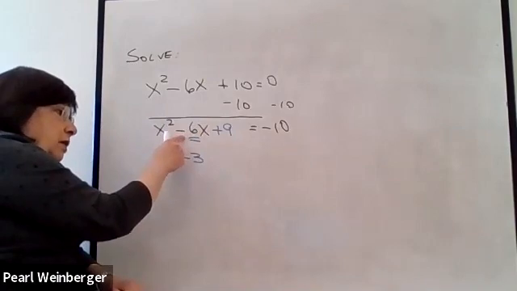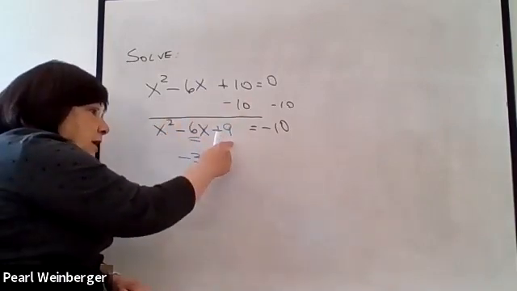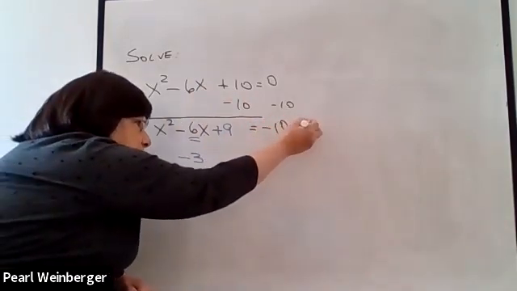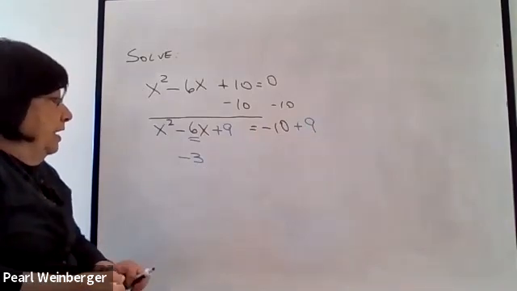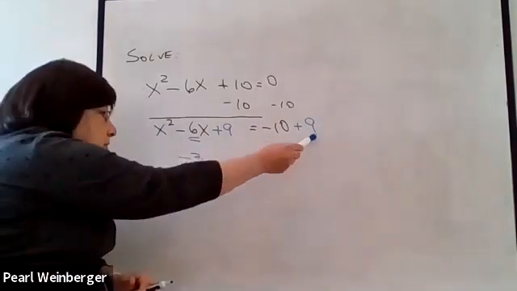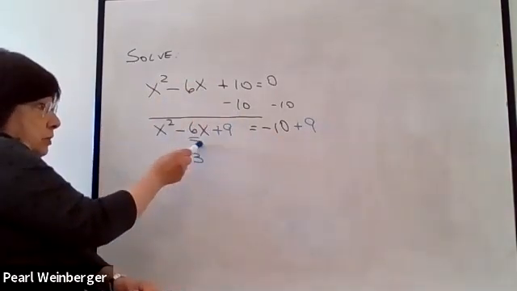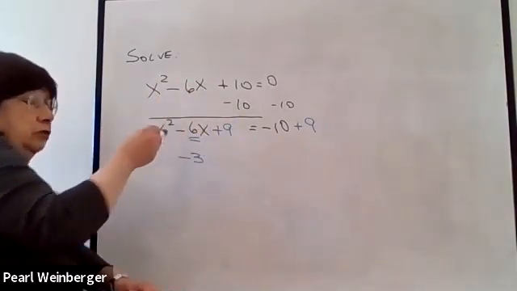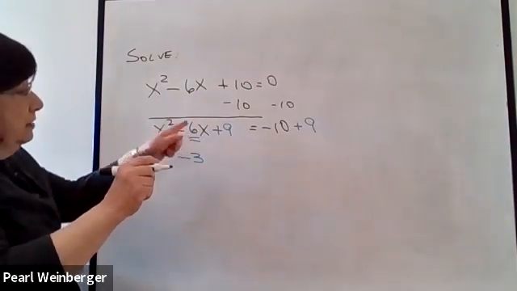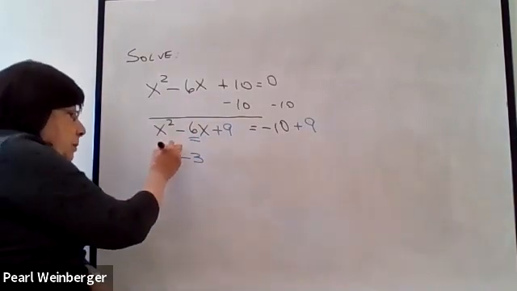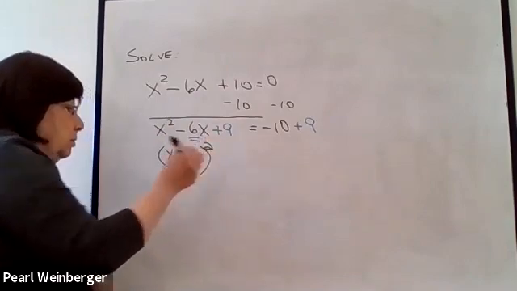Half of this number squared. Whatever I add to this side, I add to the other side as well. So I have added 9 to both sides of this equation so that what was originally a binomial becomes a perfect square trinomial. This is, in factored form, x minus 3 squared.